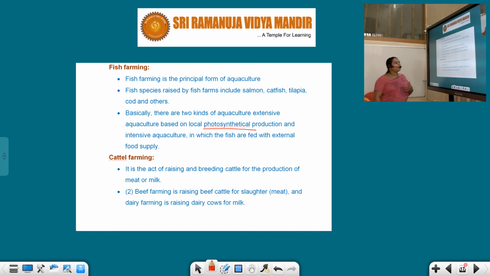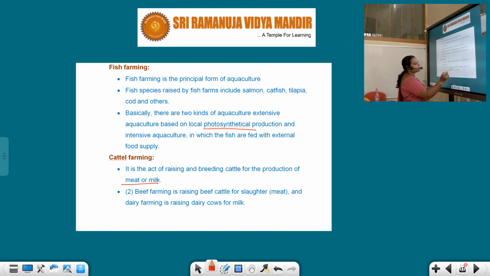Next, cattle farming. It is the act of raising and breeding cattle for production of meat or milk. Beef farming is raising beef cattle for slaughter, and dairy farming is raising dairy cows for milk. Here two ways are there.